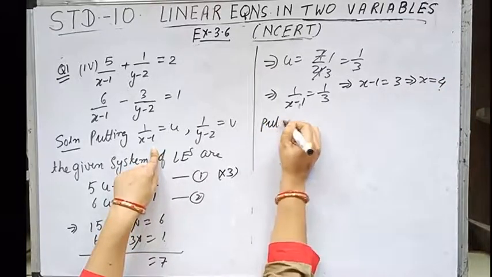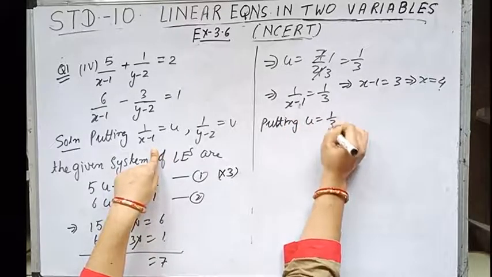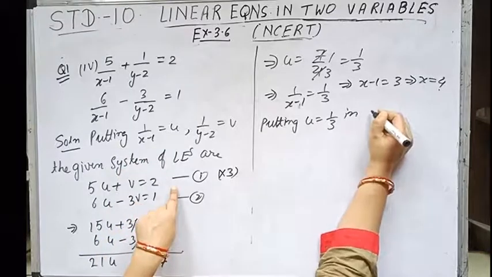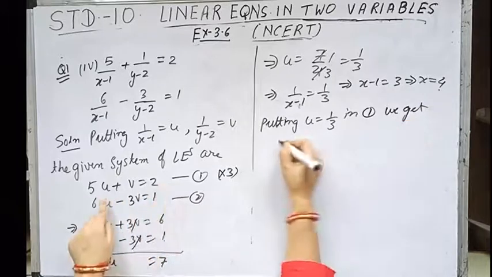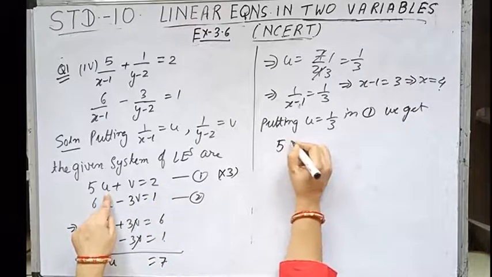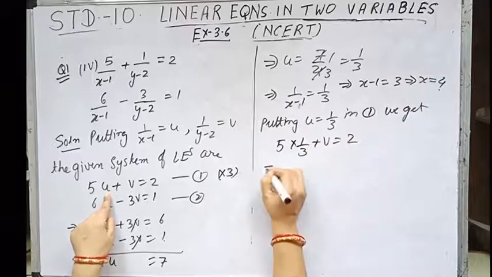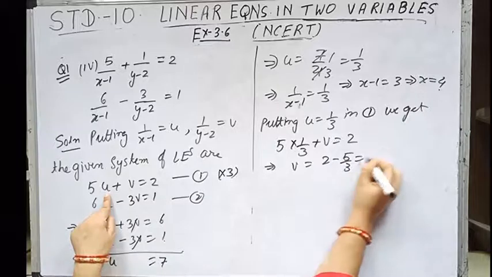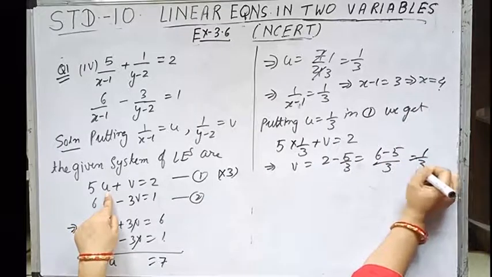Putting u = 1 by 3 in any of the equations, let us do in 1. In 1 we get 5 into 1 by 3 + v = 2. This implies v = 2 - 5 by 3 = 6 - 5 by 3 = 1 by 3.